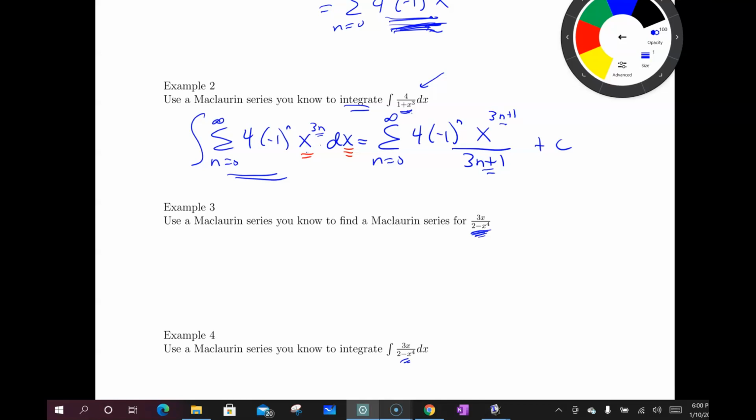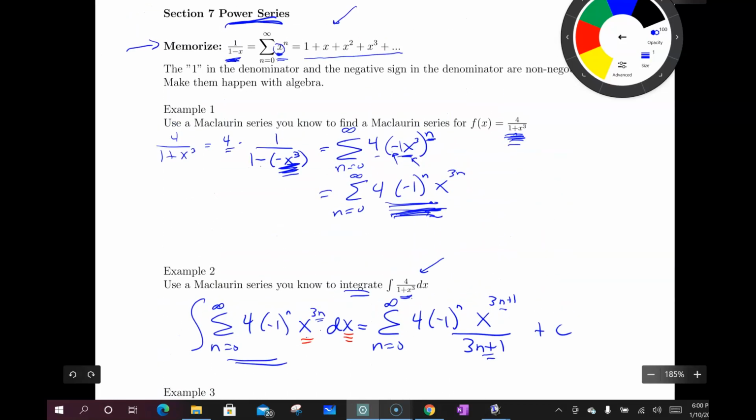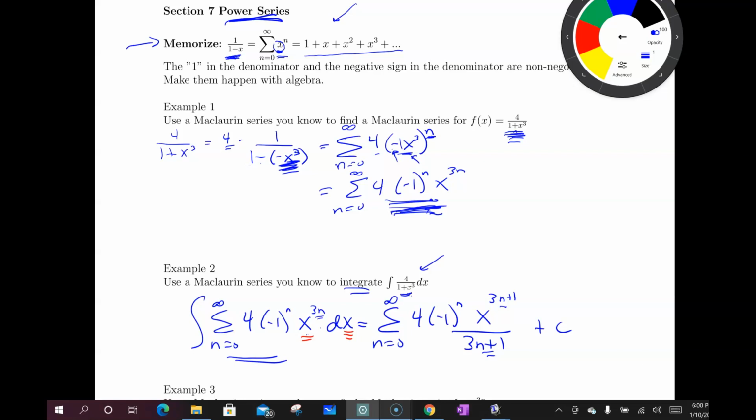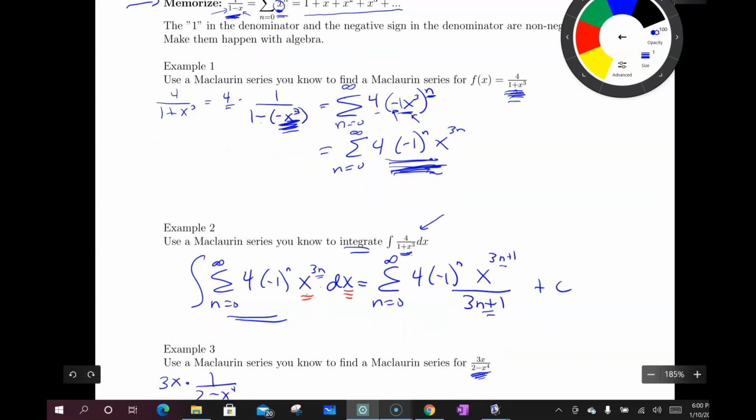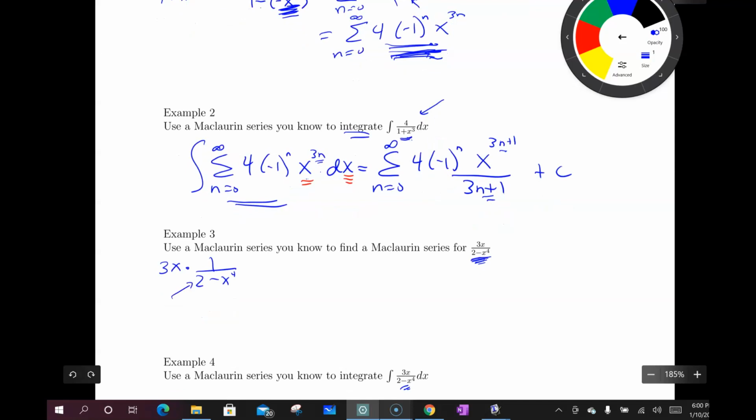All right, so let's pull this over here. This is like saying 3x times 1 over 2 minus x to the 4th. So what do I know? I know that I have to have a 1 here and I have to have a subtract x. So first off, I have to get a 1 here. I can't do subtraction, but what I'm going to do is multiply numerator and denominator by 1/2.